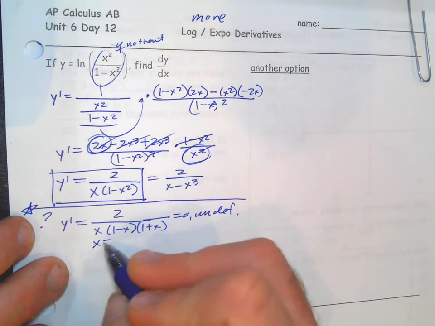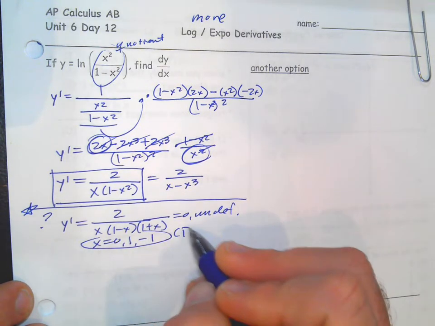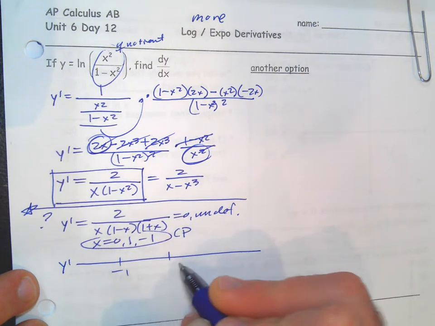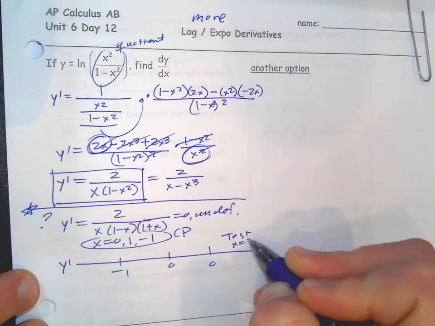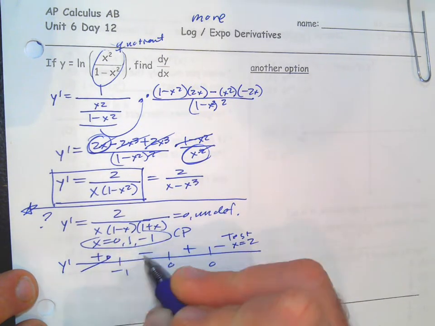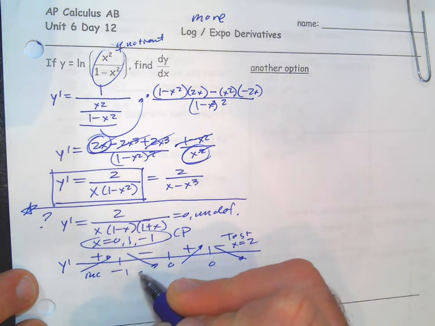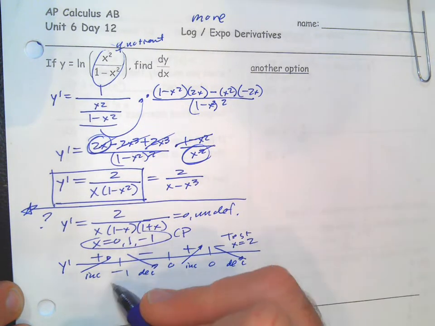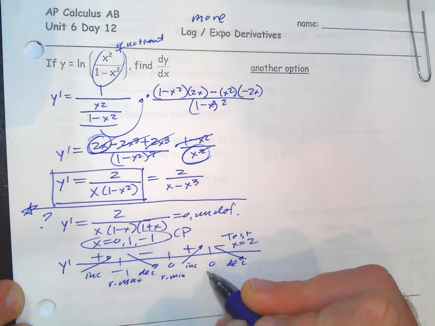And you'd have 0, 1, -1 for your critical points. And you do a line check in order, left to right, test a point. X equals 2 is going to be negative, positive, negative, positive. So we're increasing, decreasing, increasing, decreasing. Relative min, relative max, relative min, relative max.